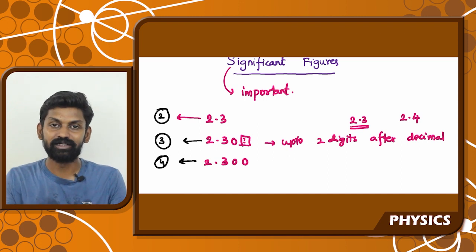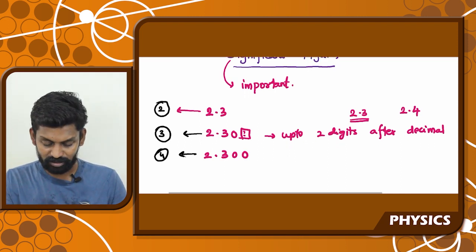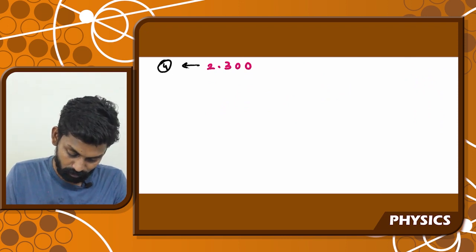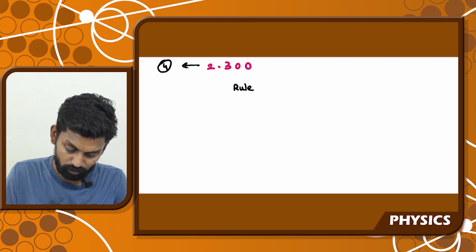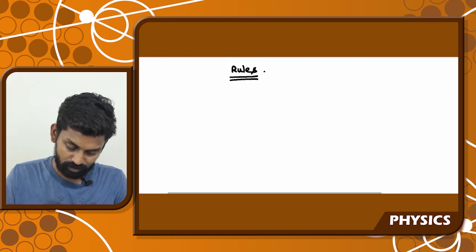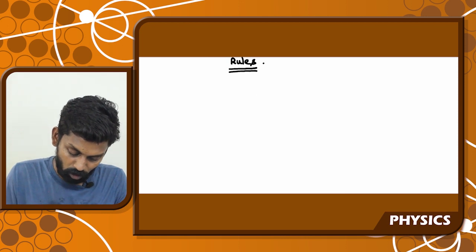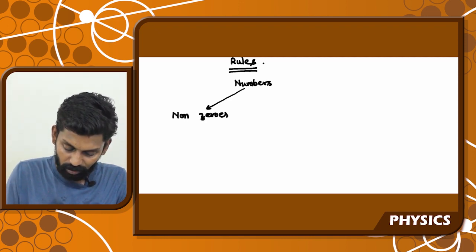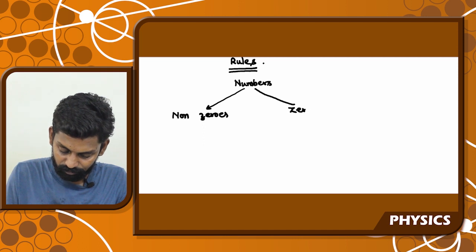To determine the number of significant figures, we have certain rules and regulations. I will tell you an easy method to remember all this. First, let us talk about all numbers. There are two types of numbers. One is non-zeros and another one is zeros.